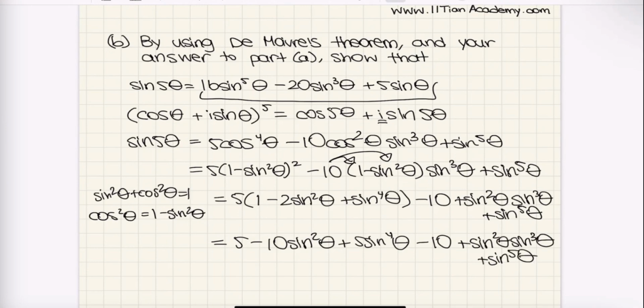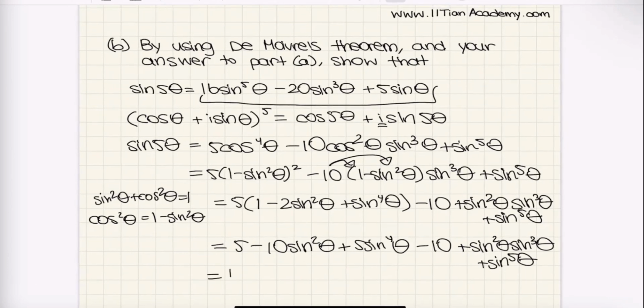So now if I collect like terms at this point, we're going to end up with 16 sine to the power of 5 theta, and then minus 20 sine cubed theta plus 5 sine theta, and there we go.